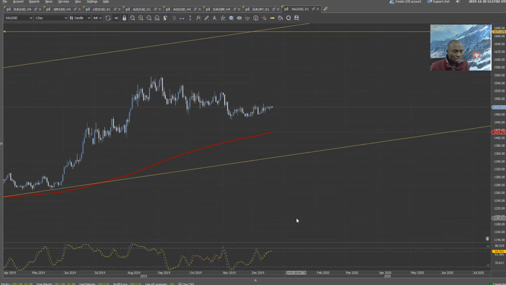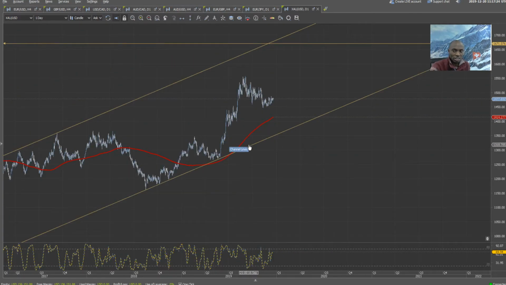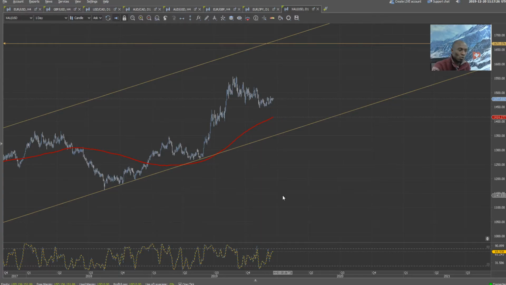Say the trend is a downtrend, and because the stochastic is telling you the price is in the oversold zone, you want to buy. No, you don't trade against the trend, you trade in favor of the trend. That is why you need to identify if the trend is bullish or bearish. Right now this trend is bullish, the gold USD, it is bullish. What will I be looking for?